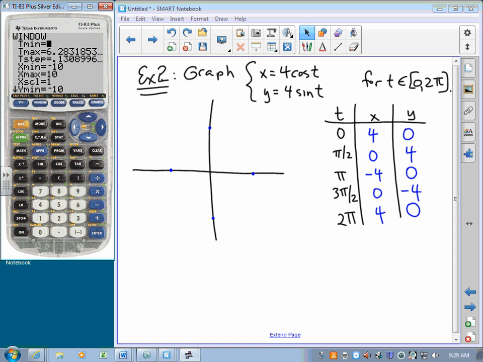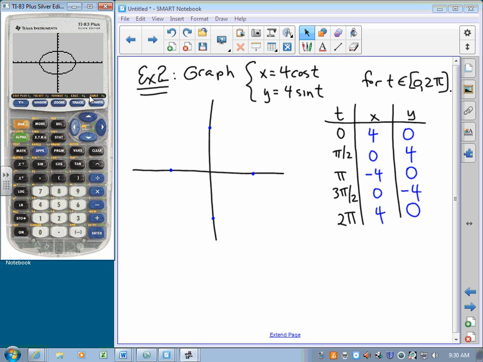I'm supposed to graph t values between 0 and 2 pi, and sure enough, that's what I've got. My x min and x max are negative 10 to 10, the standard viewing window, and I hit graph and I get a picture.